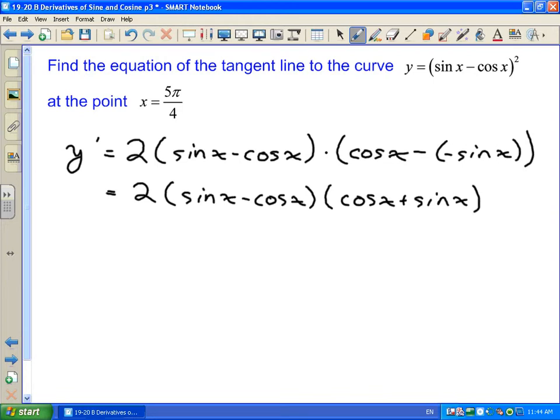At this point, I'm going to multiply this out. I'm going to expand it because I have the same 2 terms, sin x and cos x, one positive and one negative, so I'm going to get some terms that cancel out. The sin x cos x terms cancel, so I'll end up with 2 times (sin squared x minus cos squared x) after the expansion.